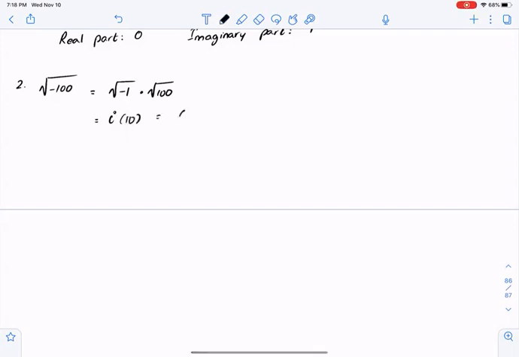So I can write this as 0 plus i multiplied by 10. So the real part is 0 and the imaginary part is 10. And that is the complex number notation of the square root of negative 100.